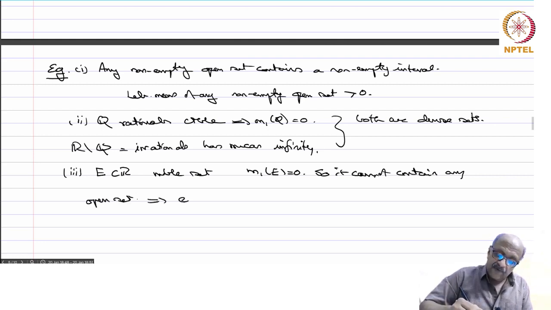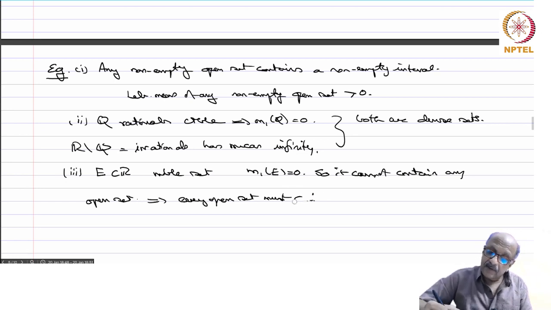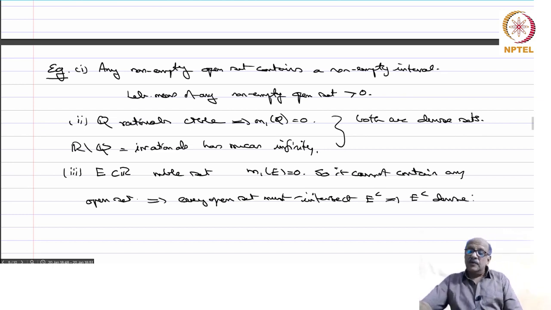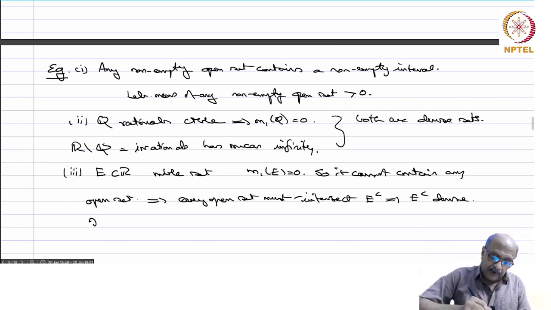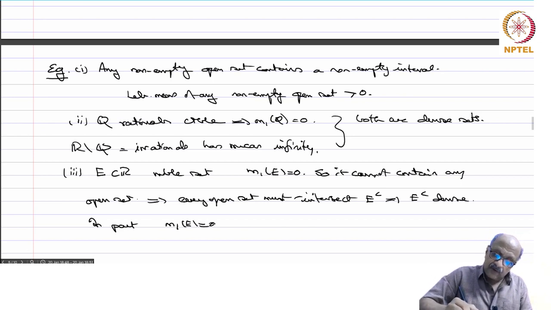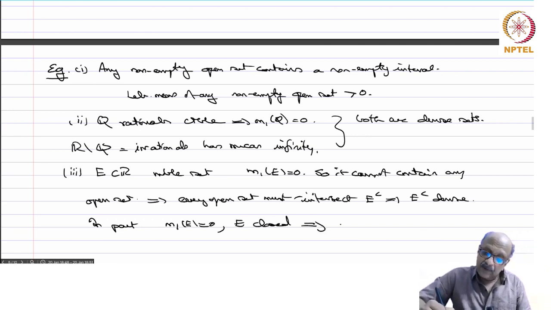So this implies every open set must intersect E complement. This implies E complement is dense. So you can have a dense set of measure 0, but if you have a set of measure 0, its complement is always dense. In particular, M1 of E equal to 0, E closed, that means its interior is empty. This implies that E is nowhere dense.